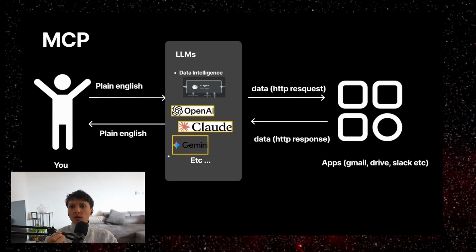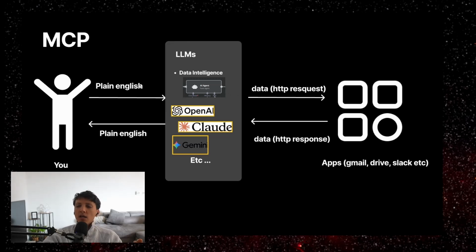Now let's move on to MCPs. It's very similar. MCP stands for Model Context Protocol, and it was created not long ago by Anthropic, and it simplifies access to those HTTP requests.